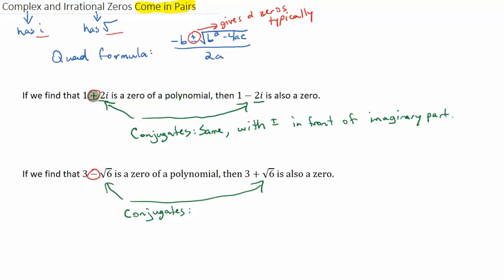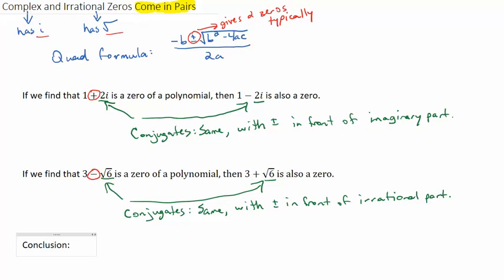So one of those has a plus in front of the 2i, and one of them has a minus in front of the 2i. Conjugates in the irrational case are still the same, but with a plus or minus in front of the irrational part. In that case, that's the square root of 6. So one has a negative in front of the square root of 6, one has a positive in front of the square root of 6.